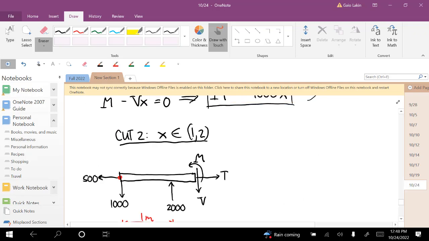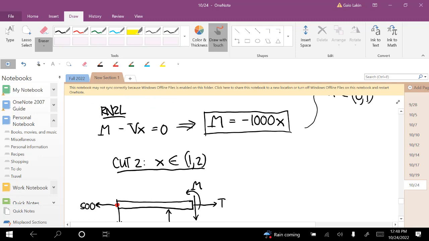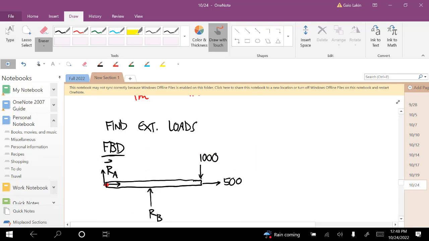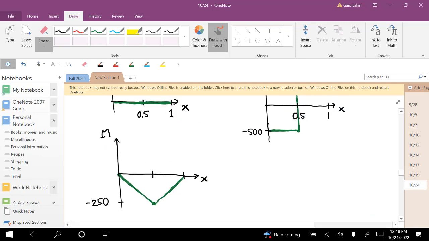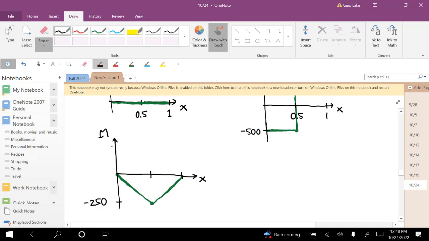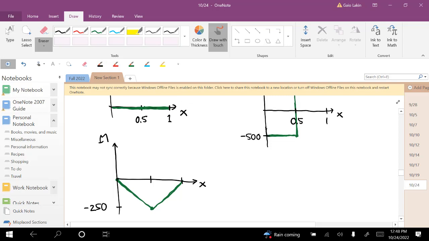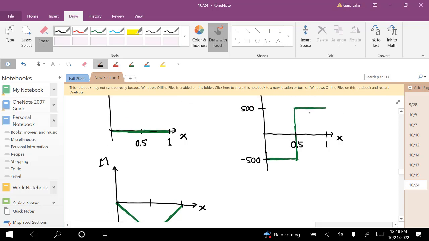Look at the last example. The slope, dM/dx, is negative 500 and then positive 500. It's always like that, and we'll talk about that later on in a little more context. But yes, you can always check your work. dM/dx is always equal to V.